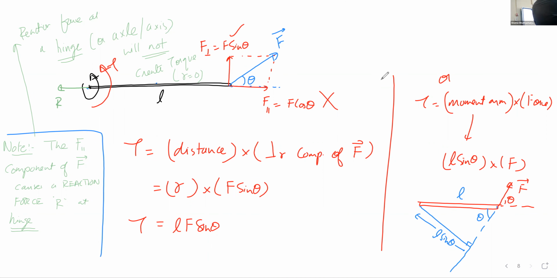It will balance F cos theta. For example, if that is a force of 100 newtons with this component being 60 newtons or something, the reaction force will also be 60 newtons.